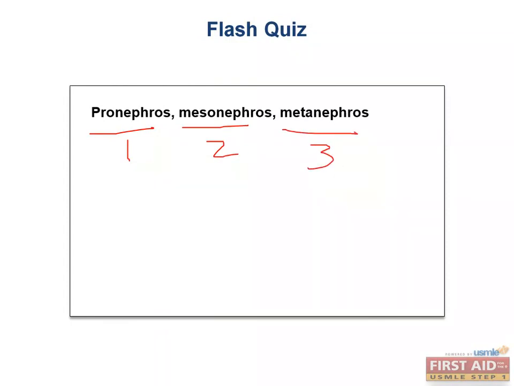Now, these are not only appearing in order of earliest to latest, but remember how we talked about renal development occurring in an anterior to posterior gradient. So you can also think of these as pronephros being the most anterior, then mesonephros, and then metanephros.